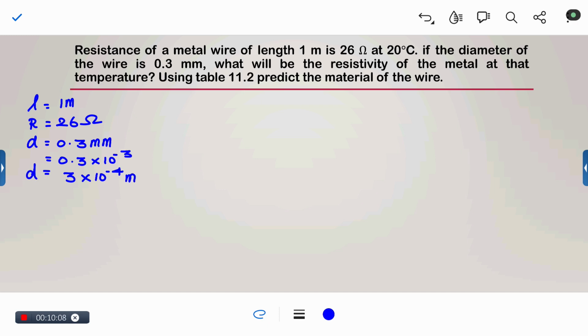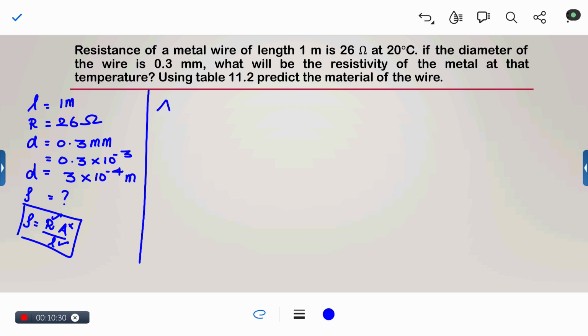Then what will be the resistivity of the conducting material? That's what we need to find. What is the formula? Rho is equal to R into A by L. In the question, resistance and length are given, but the area of cross section is not. First, let us calculate the area of cross section. A is equal to pi R square.